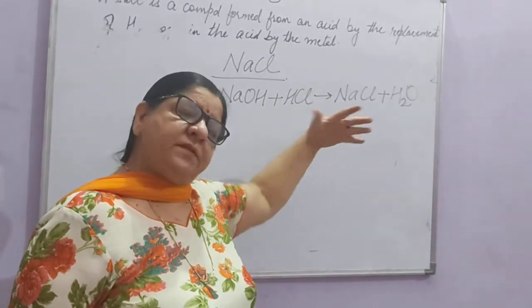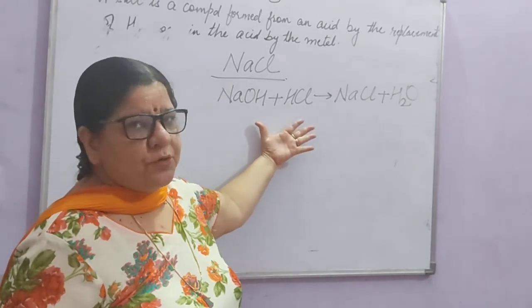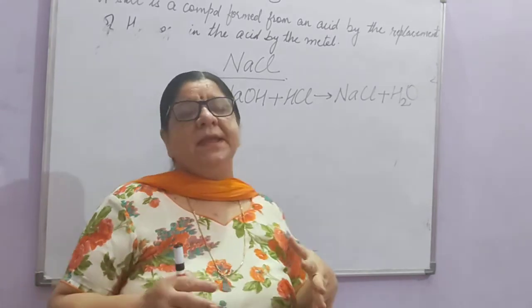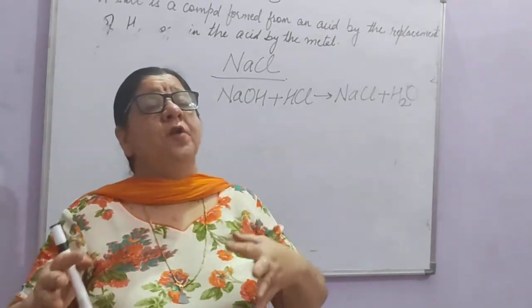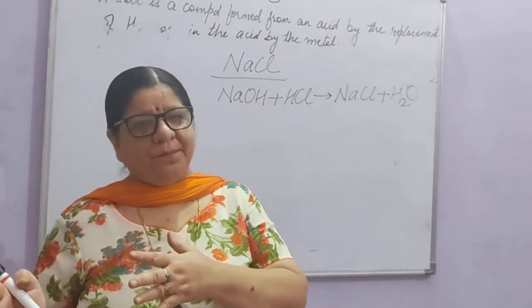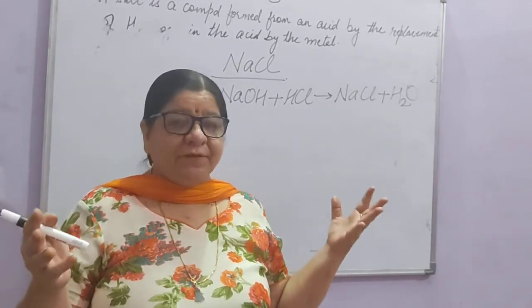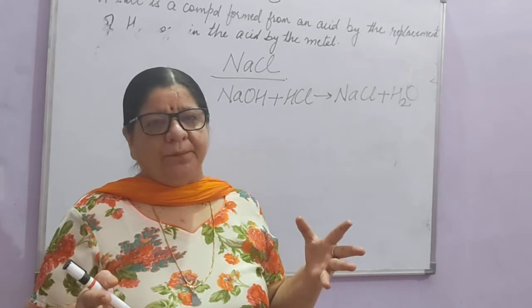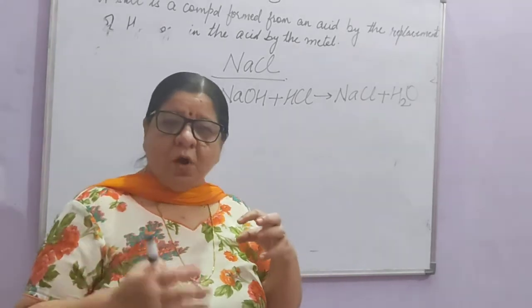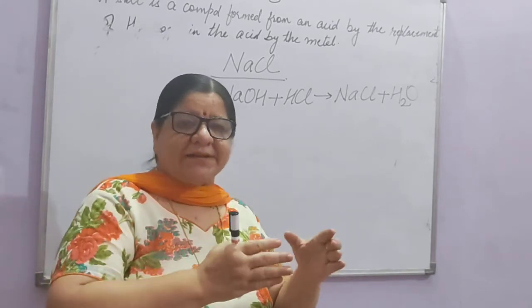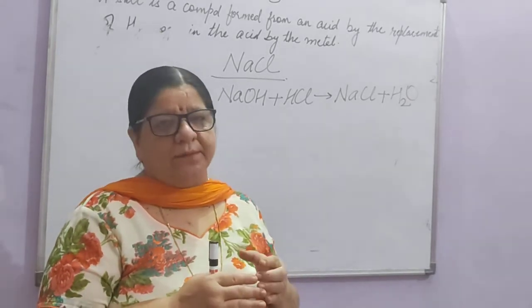Now, how can this be obtained? Through the neutralization reaction, right? But commonly, we take it from nature. It is found in abundance in nature. It is found in seawater, right? So this common salt, mostly it is extracted from the salt water.